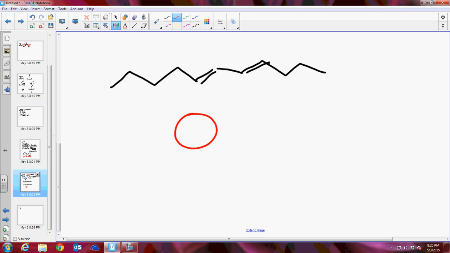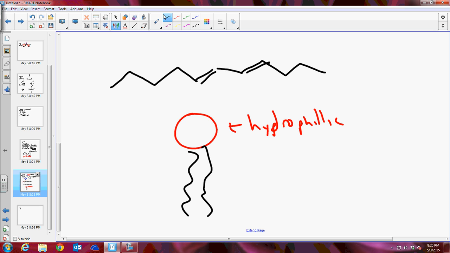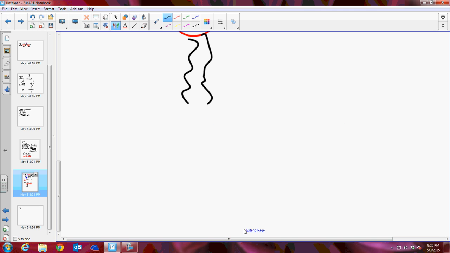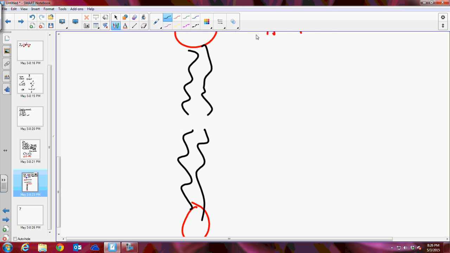And this is where you have this hydrophilic head with two fatty acid chains. And these fatty acid chains are hydrophobic, and these form your cell membrane, because you have them turning in like this. And each one of these phospholipids forms part of your cell membrane.